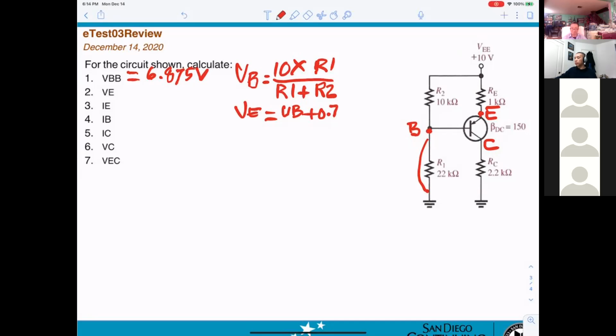Can you explain one more time how we got VE? From here, VB to the ground, you already know. And from here the difference between the E and B is 0.7. So that's why you have to take your VB adding 0.7.